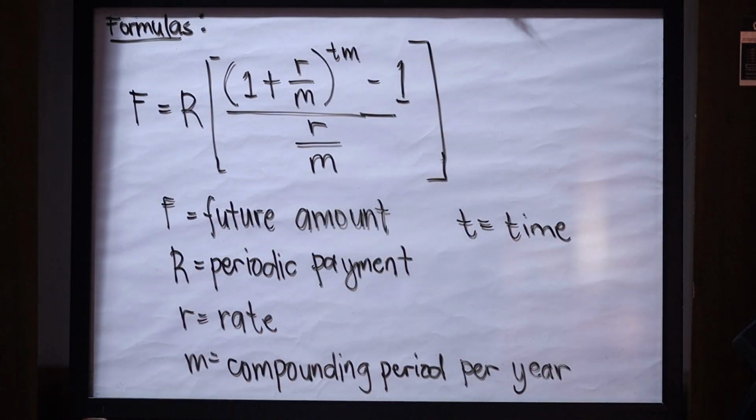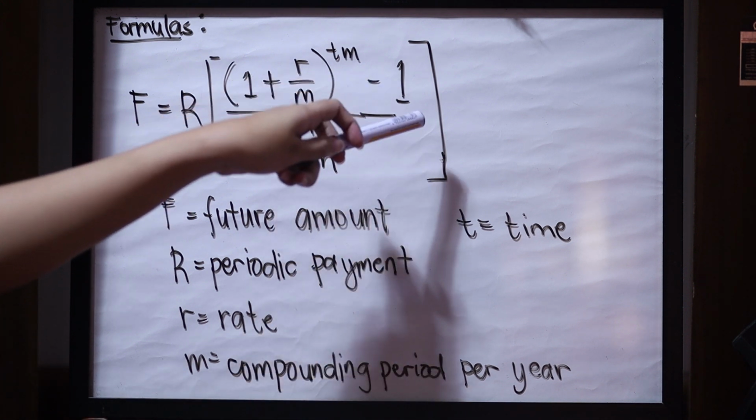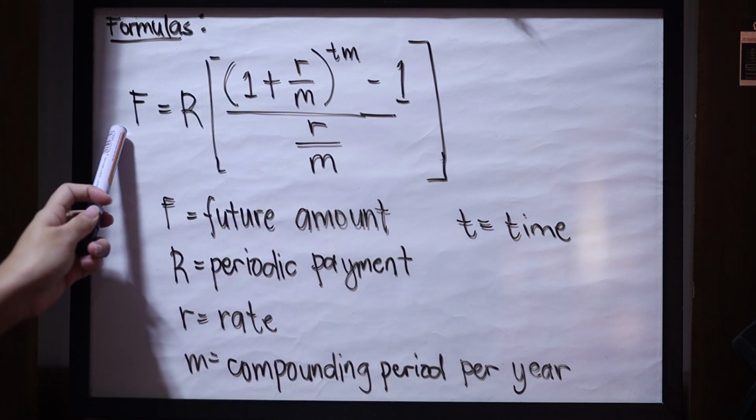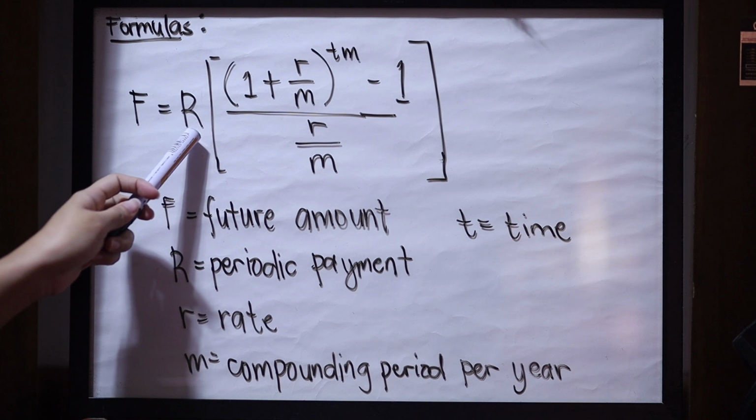The formulas that we're going to use under this lesson is, first, F is equal to R multiplied by the quantity of 1 plus R over M raised to T times M minus 1, all over R over M, wherein F stands for the future amount, R is our periodic payment.